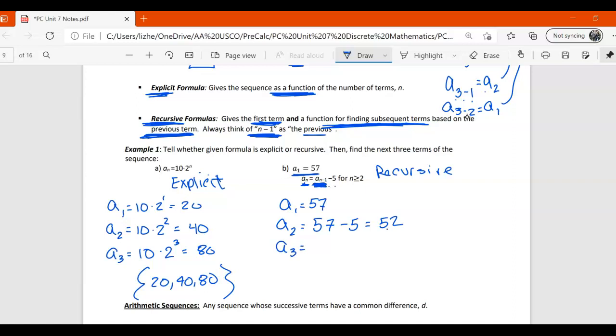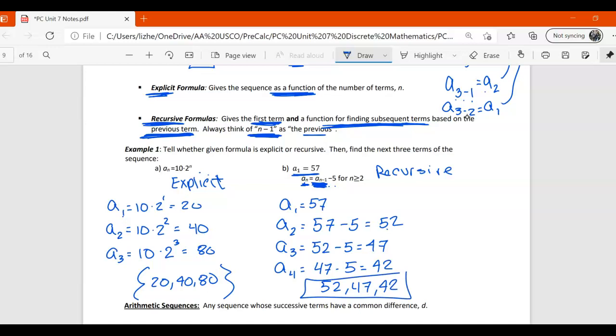So the previous term now is 52, minus 5 is 47. A4, previous term minus 5. The previous term is 47, minus 5 is 42. And so then the next three terms would be 52, 47, 42.